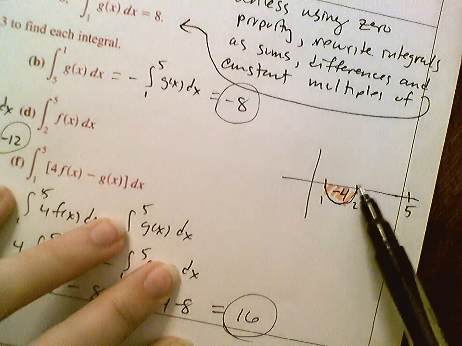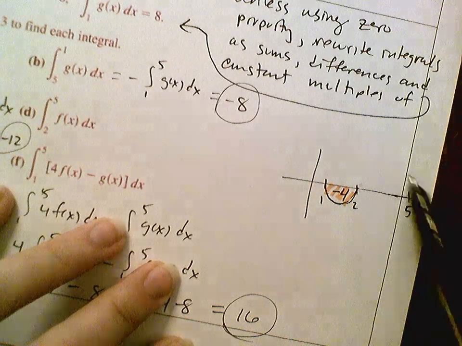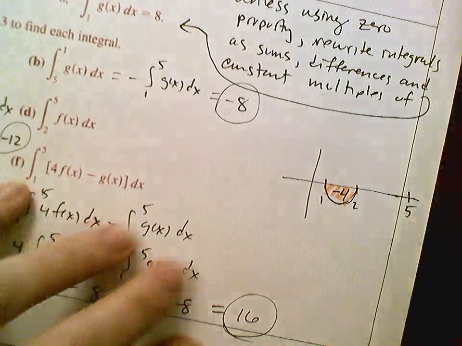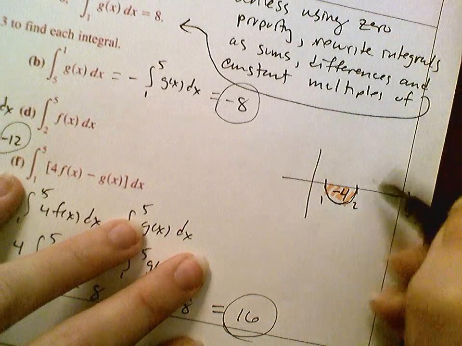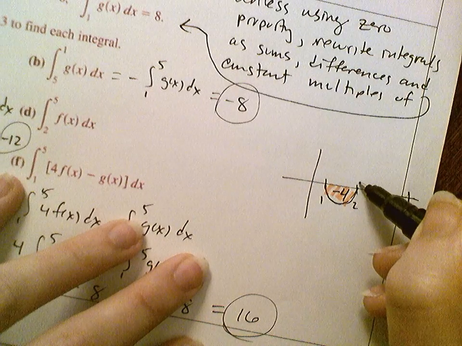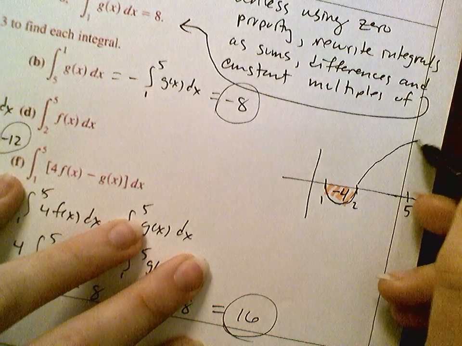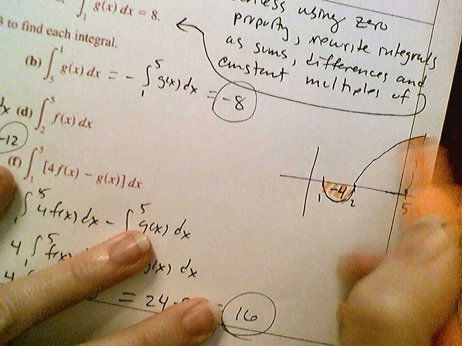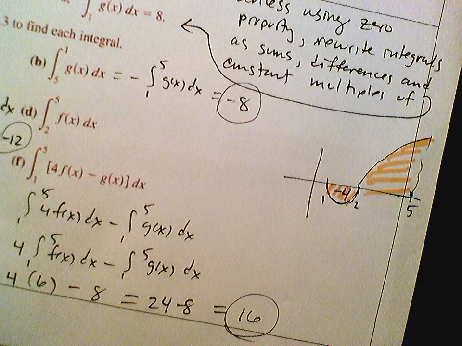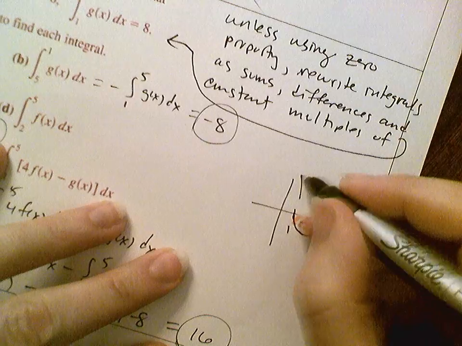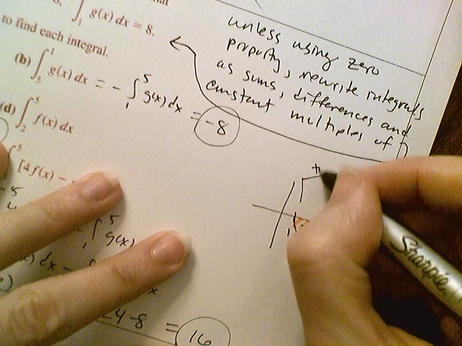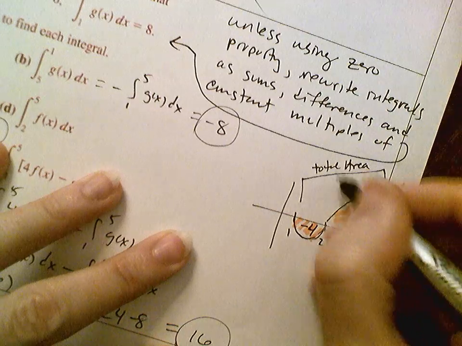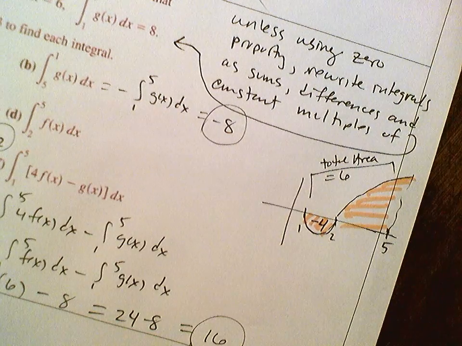So when I add this area to the area that I've already got, -4, together they would have to make +6. So I'll make this pretty high to compensate for that negative part. And what I do know is that the total area equals 6.